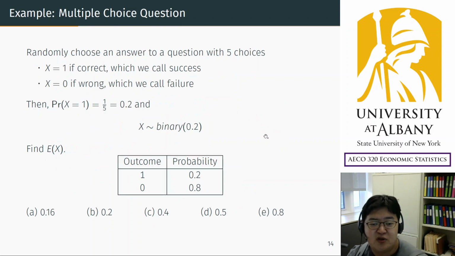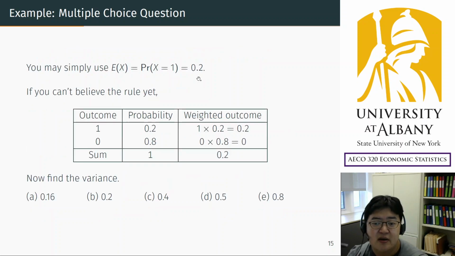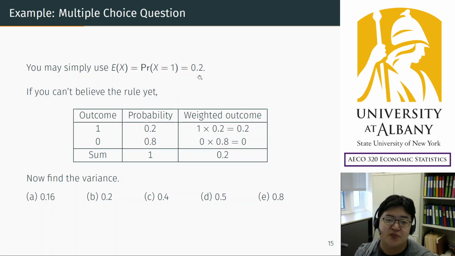Right, if you have done, let's turn the page. The answer is 0.2 because the mean is the same as the probability of success. Always. Without calculating, without using the numbers, you can just choose 0.2.